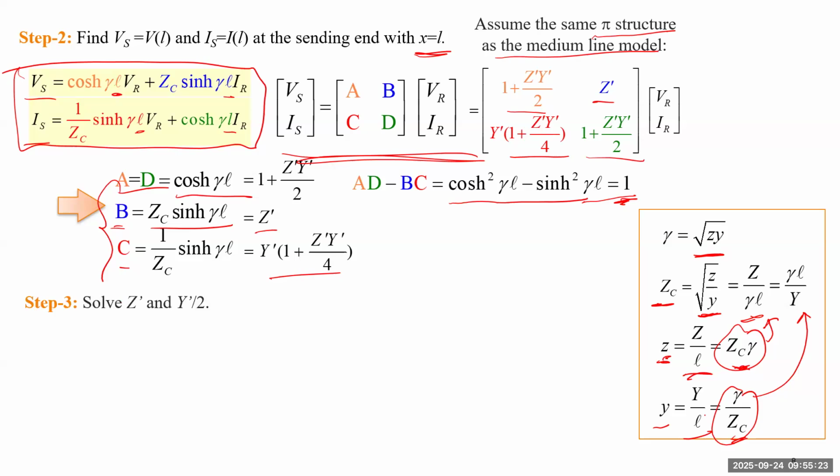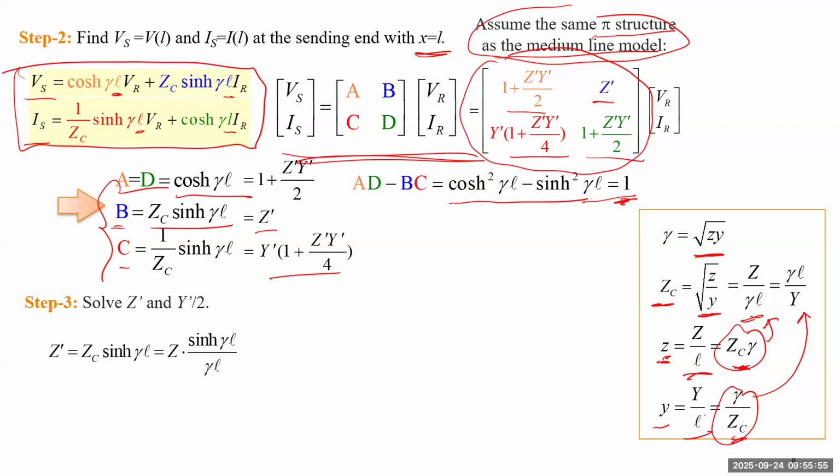If we are able to solve Z prime and Y prime, we'll get an equivalent circuit taking the same structure as the pi model. And instead of using the actual Z and Y, we'll just use the Z prime and Y prime values for that equivalent circuit. Then from there, we'll study the long line as a medium line, but we don't use their actual value, we just use their equivalent value. Does everyone follow here? Okay.